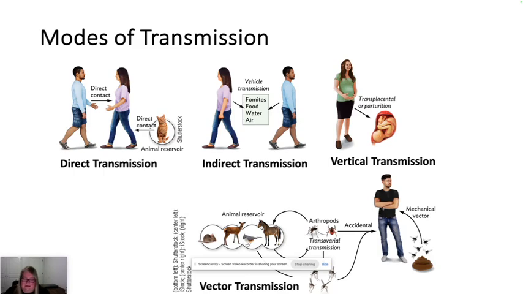So if it lands on us, it's going to take a blood meal, and when it's taking that blood meal, it's going to regurgitate or pass some of the deer's contaminated blood to you or any other human, which is then going to allow the infectious agent, the microbe, to get into your bloodstream, which is then going to cause infection and develop into the disease. Now, vector transmission doesn't always need an intermediary like an insect. It can simply be a mechanical vector like animal poop.